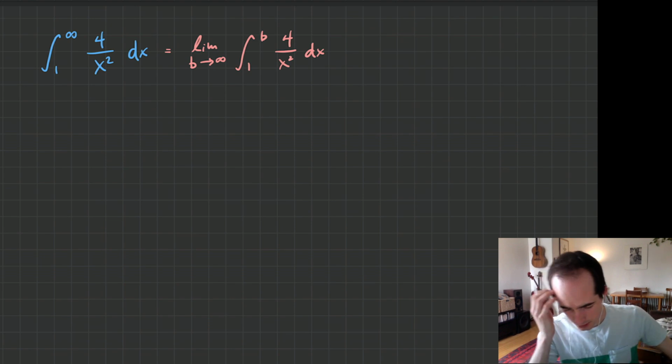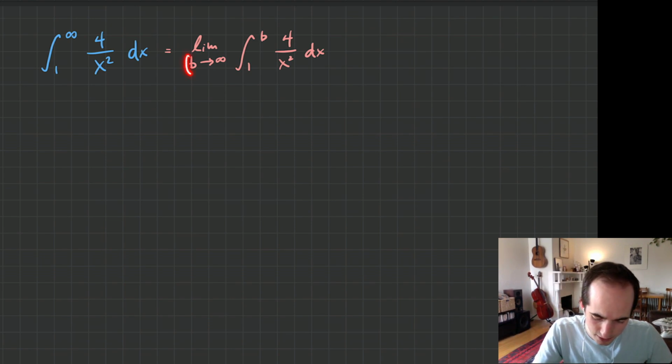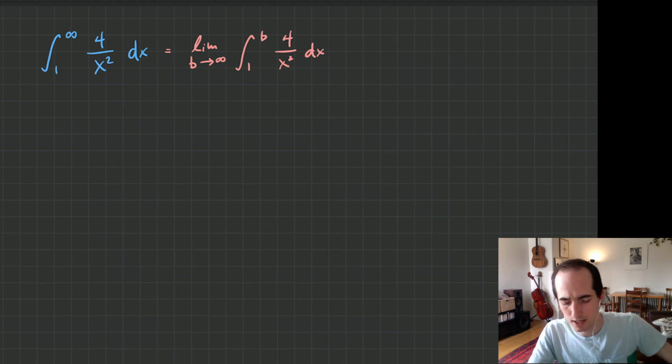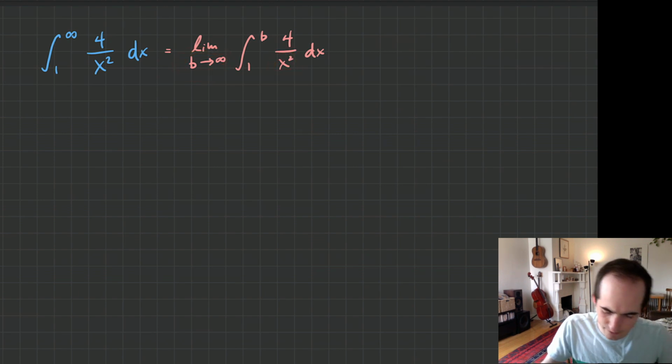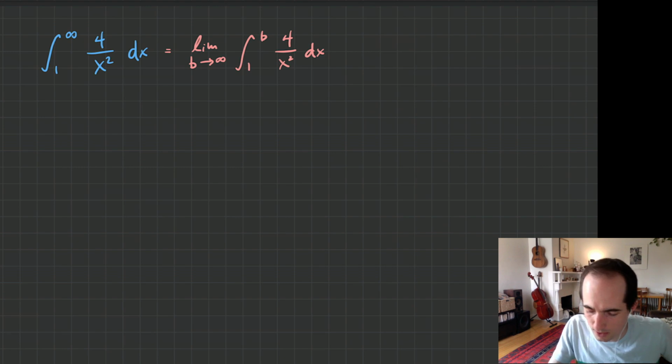Now you could use pretty much any variable that you want here because you're introducing it, but do not use x. It would be very confusing because x is already in your integrand, and then you would be taking the limit as this goes to infinity with the same variable. So just choose any other variable. I would stick to the letter b. Kind of makes things easy to remember what's what.